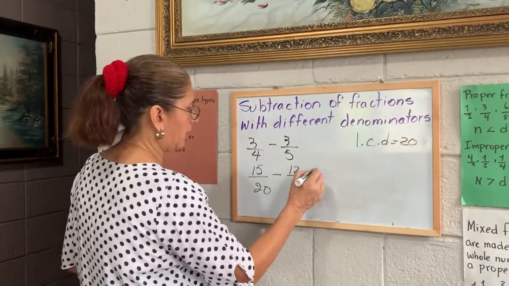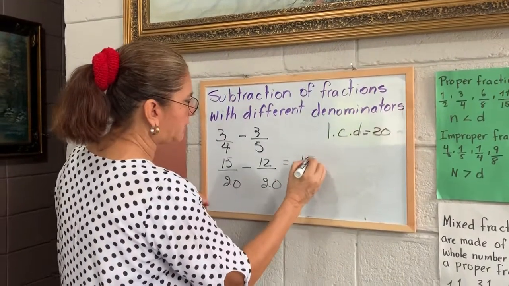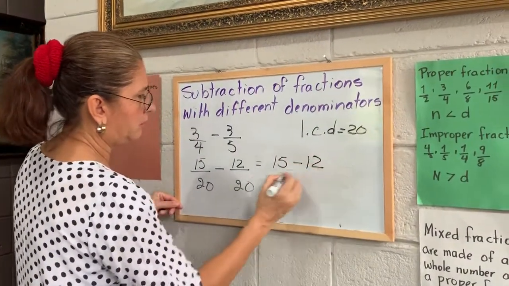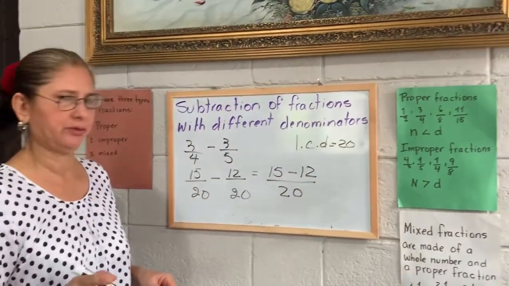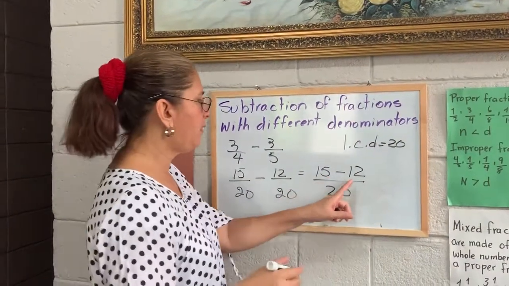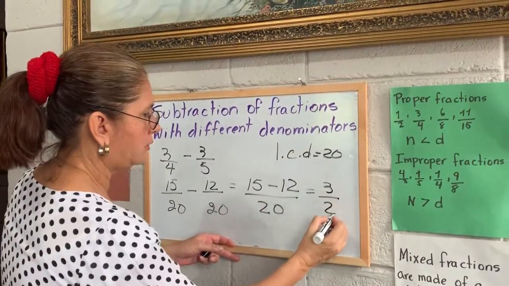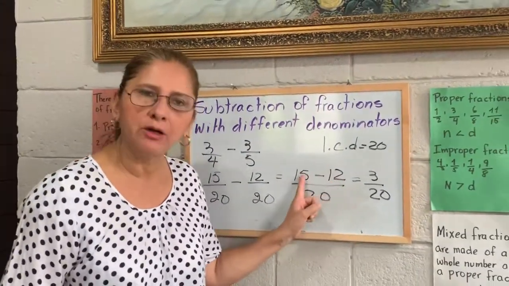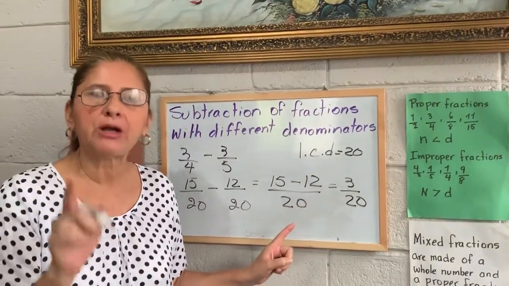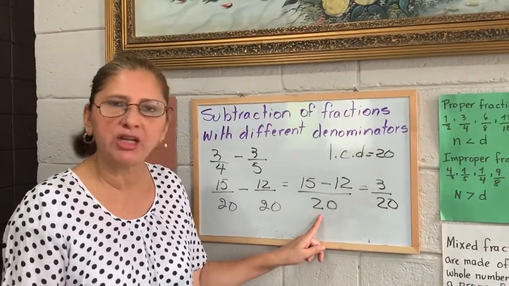So I continue with the next step, that is, subtract only the numerators. 15 minus 12 equals 3/20. We subtract only the numerator. Remember that. The denominator is the same, it doesn't change.